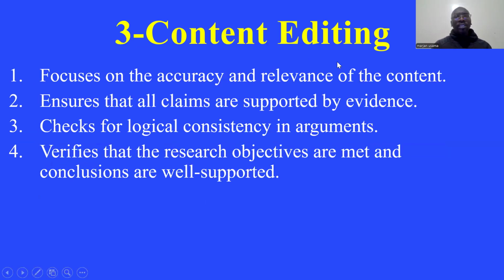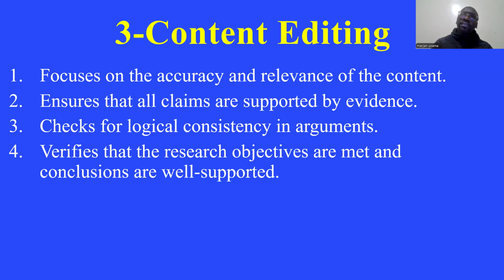Then number 3 is the content editing. Now this focuses on the accuracy and the relevance of the content. So this editing is all about the content, what you have written in your research. Number 1, is it accurate?